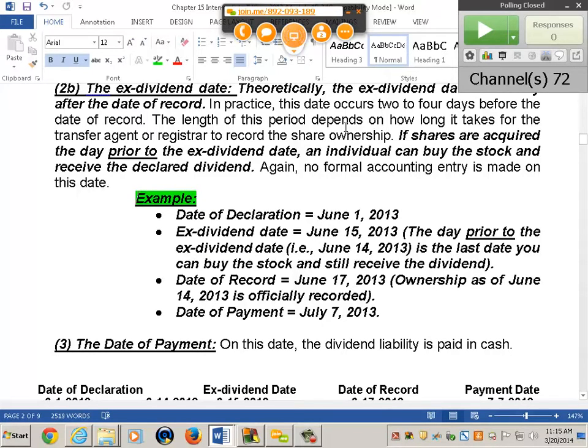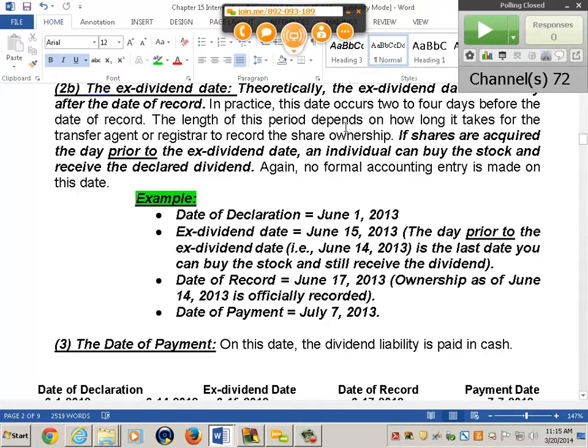So the ex-dividend date is the date that the shares will trade without the dividends being paid. And on the 17th, that's the date we announce who owned the stock on June 14th. And then the payment date when the liability is paid is July 7th.